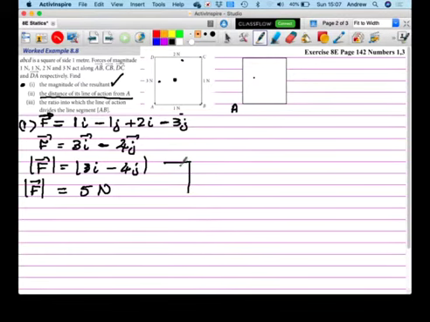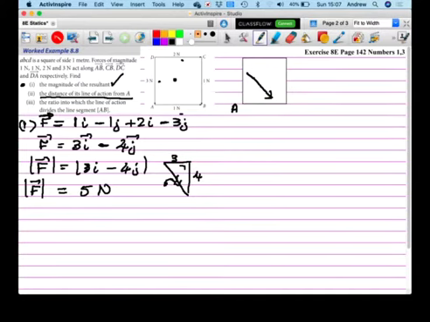So I'm just drawing a sketch here, 3 along and then 4 down. So therefore we know that the resultant is as on the diagram, with the resultant 5. So I'm going to represent that on my diagram up here.